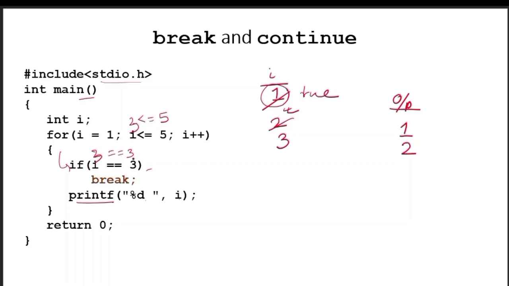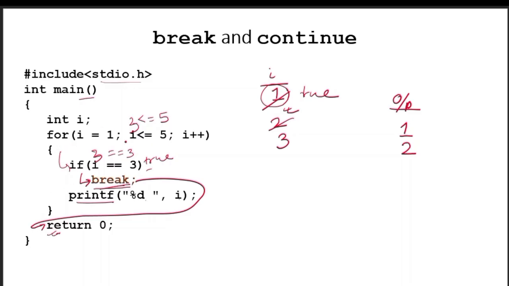Yes, the condition is now true. If it is true, we enter the if body, and in the if body we have break. What this break does is bring you out of the loop to the next line outside the loop, so the control flow will come over here.